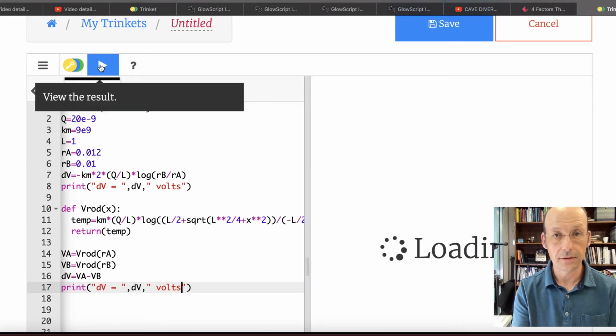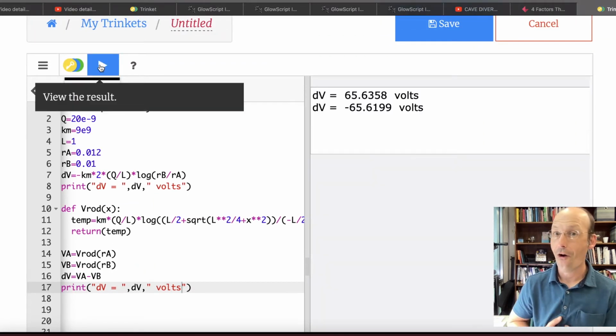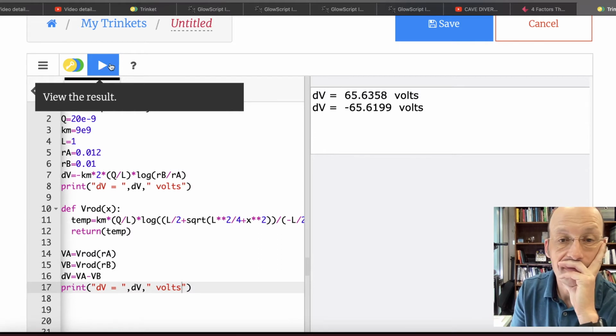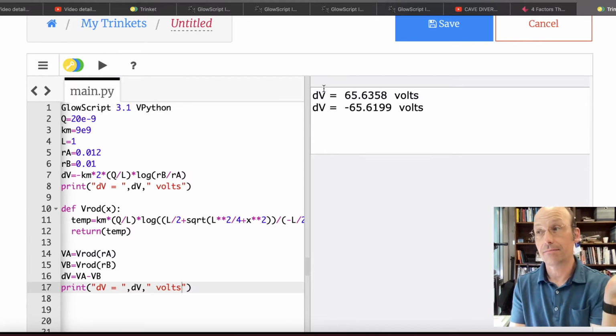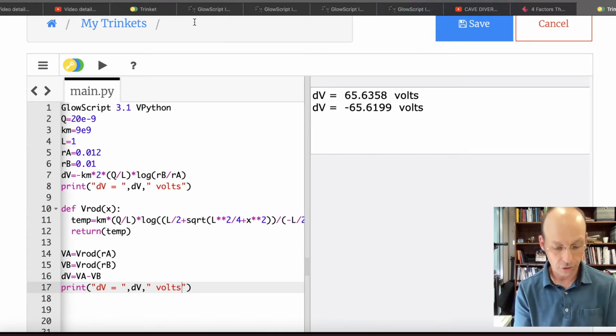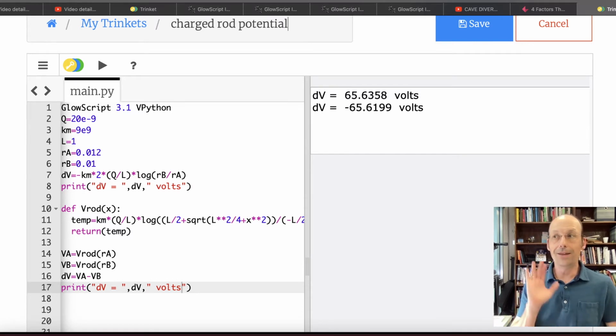I didn't even save it. Why is it negative? But it's the same thing. It's actually very good. Okay, let's see. I'm going to give you the code. Charge rod potential. Okay, I'm going to leave the negative sign alone because I'm confusing myself.